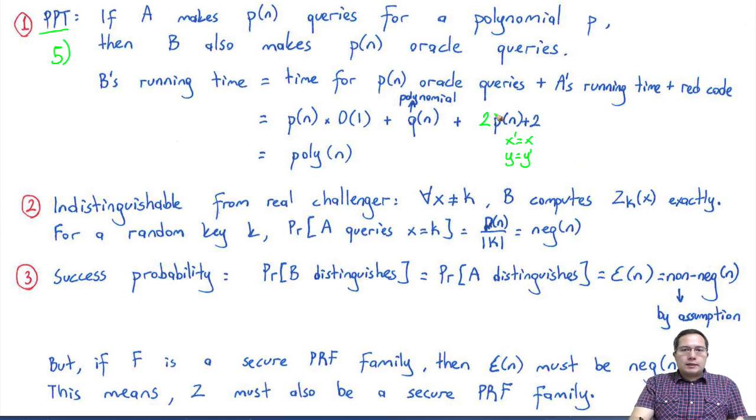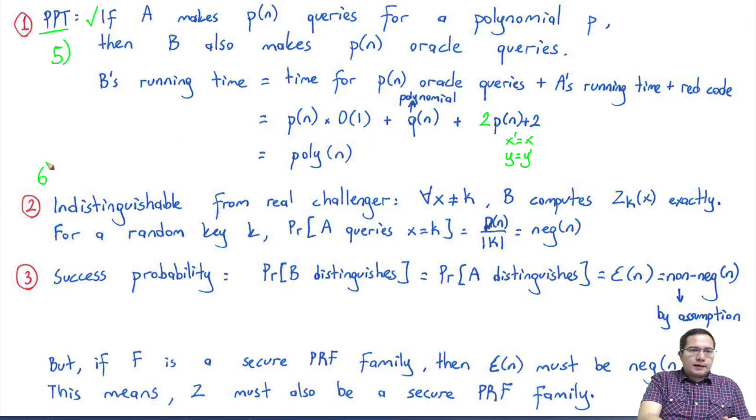So since the adversary makes polynomially many queries, this whole thing is also another polynomial, which means the whole sum here, B's running time, is a polynomial of the security parameter n. Now we are done. We showed that B's running time is PPT.